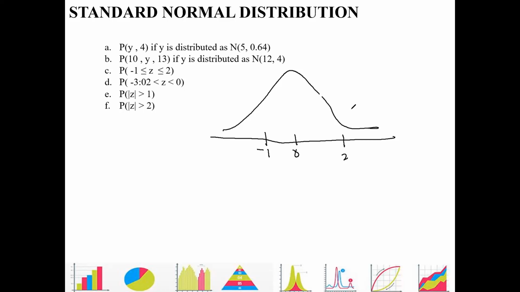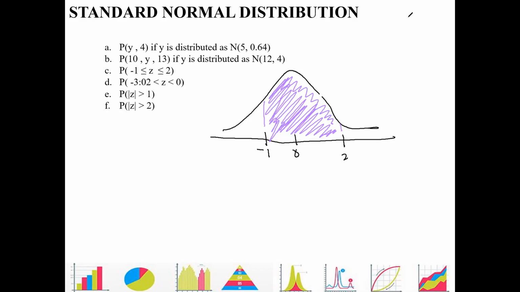So ang sinasabi dyan is z is greater than or equal to negative 1, but less than or equal to positive 2. So, anong tinutukoy na area? Ang tinutukoy niya na area ay itong portion na to. Yan. So, check natin yung value ng negative 1 and positive 2.